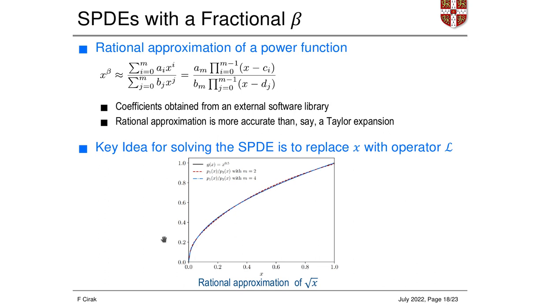And here is an example of rational approximation of the function x to the power of 0.5. And you can see that it's generally very accurate. Then the key idea is that we can then replace x with the operator L and derive the expression of the precision matrix.